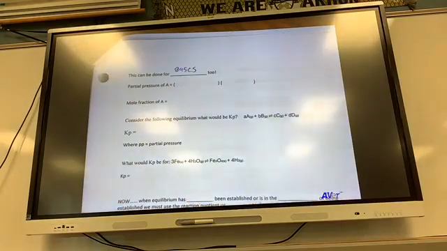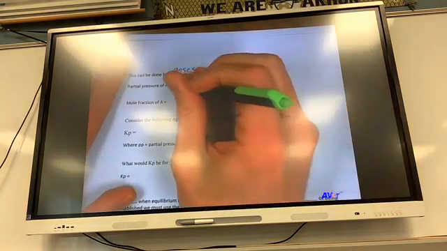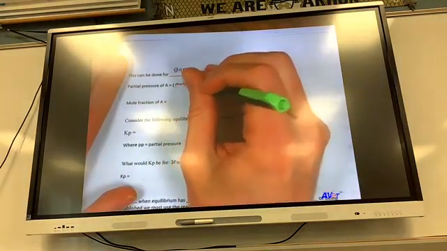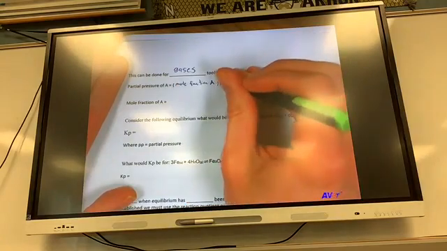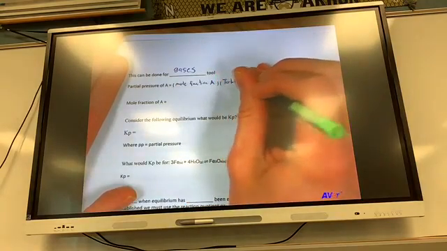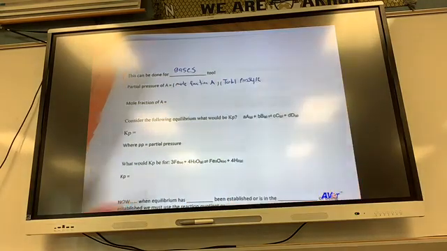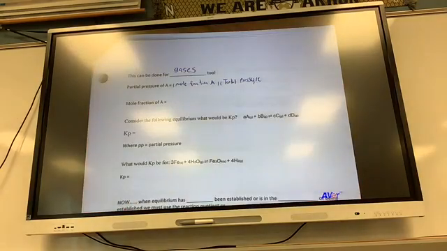I always feel like gases should be spelled G-A-S-S-E-S, but I don't think that's right. It's not right. So, partial pressure of a gas can be solved by the mole fraction of A times the total pressure, which would lead you to a question.